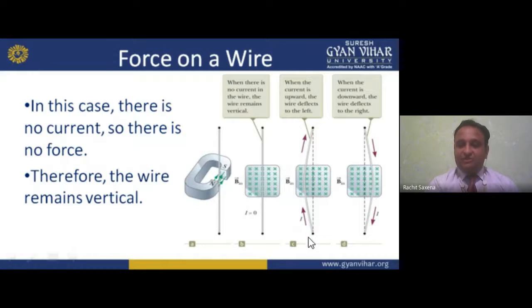If current is in the upward direction, it is deflecting towards the left. But in the second case, if the current is downward, then it deflects to the right. So upward, left, then right, so it is moving. So we can say force on a wire, and we can calculate how the force works on a wire. I hope you understand this.